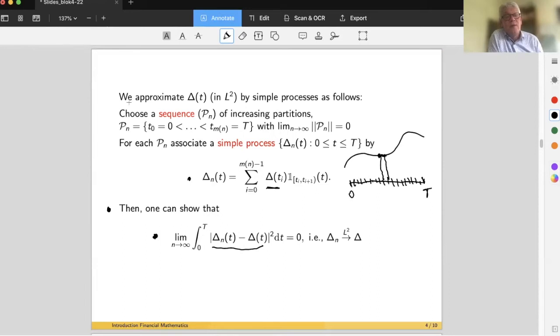So again, we approximate delta by simple processes. This is what we call convergence in L2. So in fact, delta_n converges in L2 to delta.